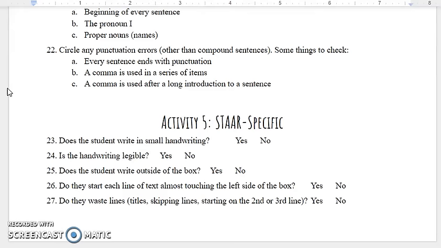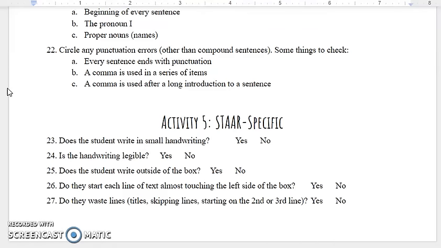All right, so let's go ahead and look at activity 5. These are just very specific STAR things. Did you write in small handwriting? Now, there's kind of a sweet spot where you're writing small, but not so small that someone wouldn't be able to read it. So if you're writing big, you're wasting space, you're wasting lines. So if you did not write small, then for your final draft, you will need to write smaller.